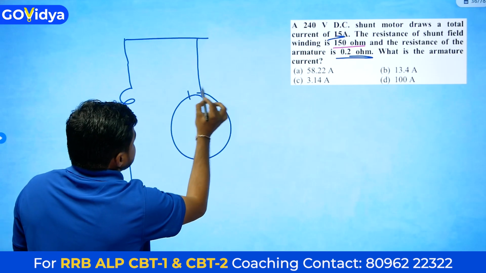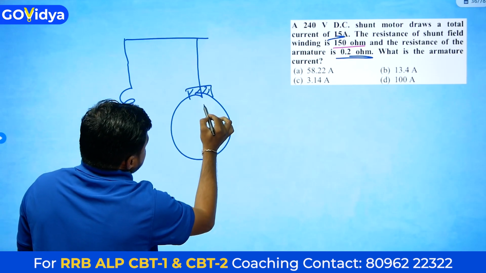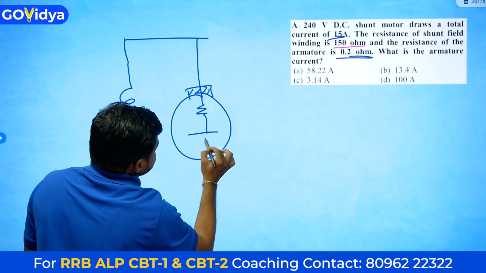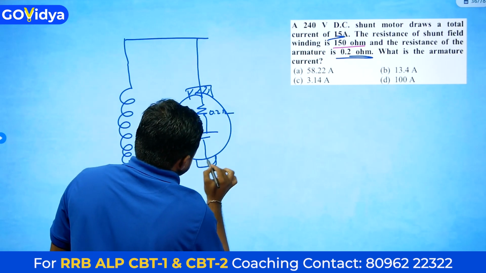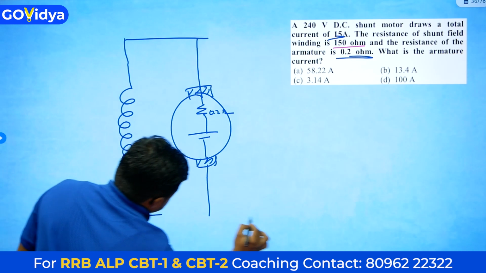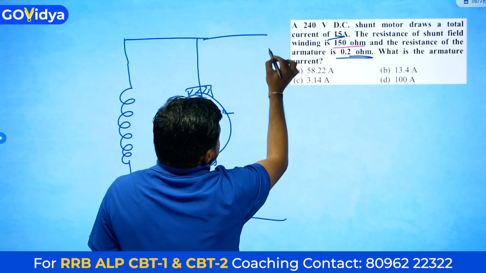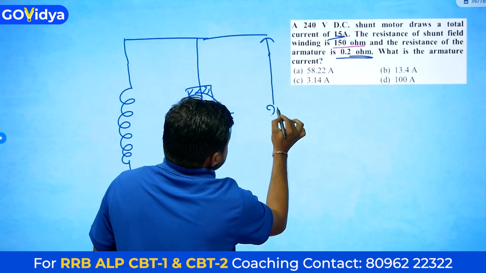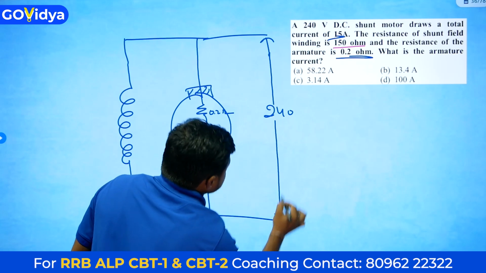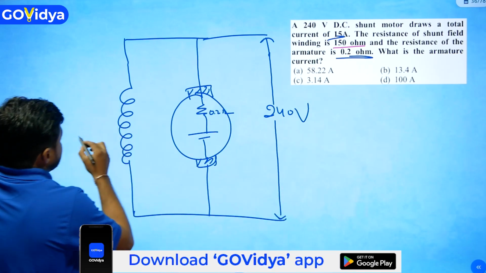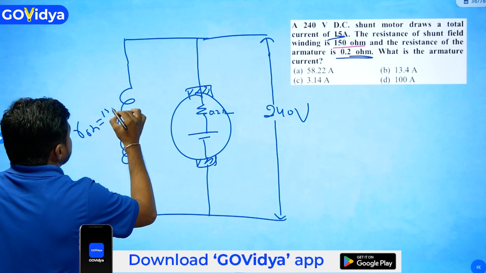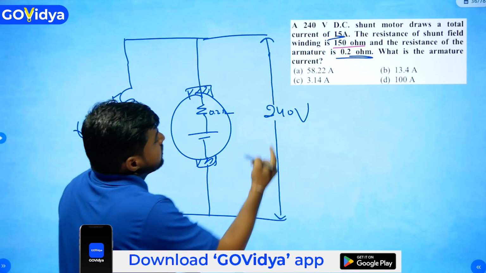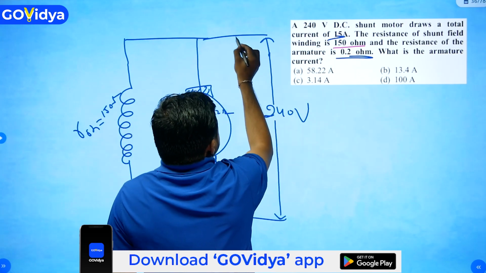This is the armature having armature resistance of 0.2 ohm. The terminal voltage is 240 volts. Shunt field resistance RSH is equal to 150 ohm, and the line current is 15 amperes.